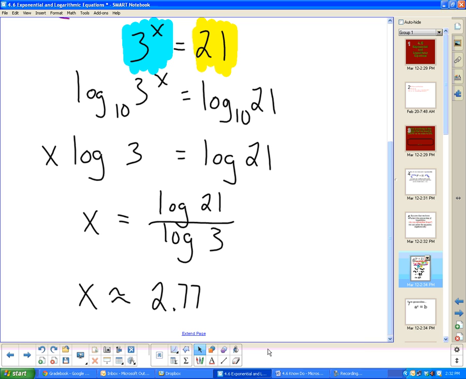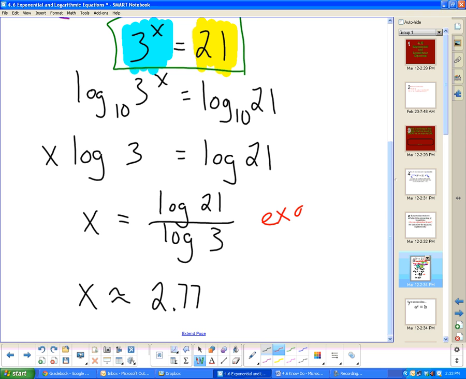Which actually should make some good sense to us, because if I take a look at my original equation, 3 to the x equals 21, we know that 3 squared is 9. We know that 3 cubed is 27. So if we want 3 raised to some power to be 21, that power is going to be somewhere between 2 and 3, and we got 2.77.